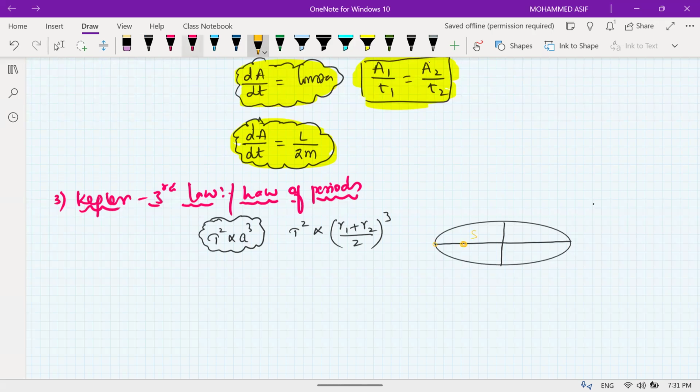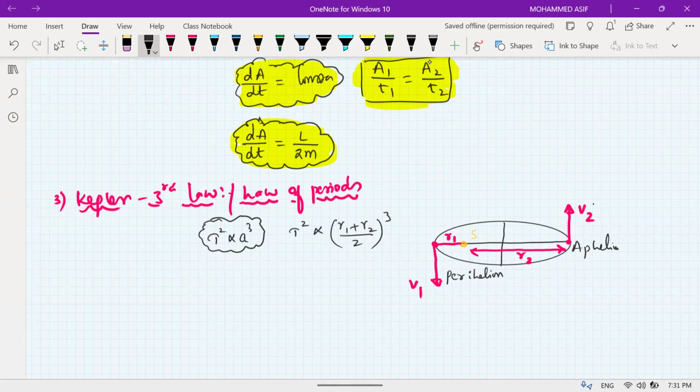Here the planet is moving with velocity v1, and here it is moving with velocity v2. From here to here, this distance is r1, and the other distance is r2. The nearer distance r1 is known as the perihelion, and the larger distance is known as the aphelion.